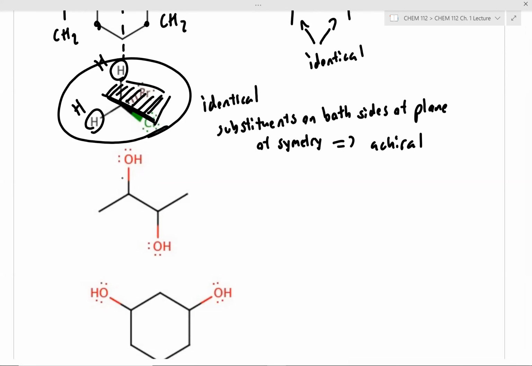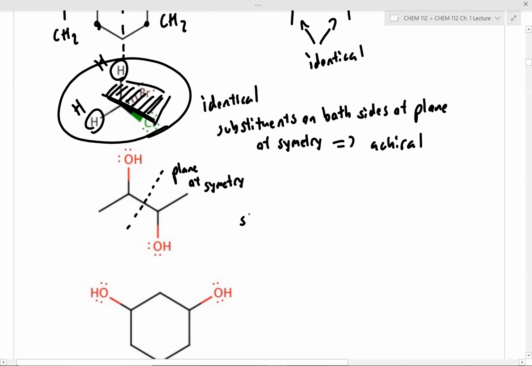And we'll talk about this in more detail when we discuss meso compounds. But in this case, we can divide this structure straight down the middle, and we have a plane of symmetry. We'll discuss these types of molecules and how stereochemistry can impact whether or not there's a true plane of symmetry.